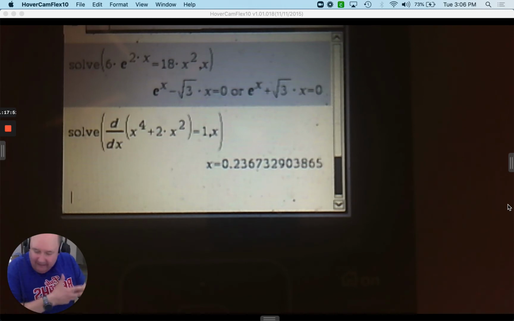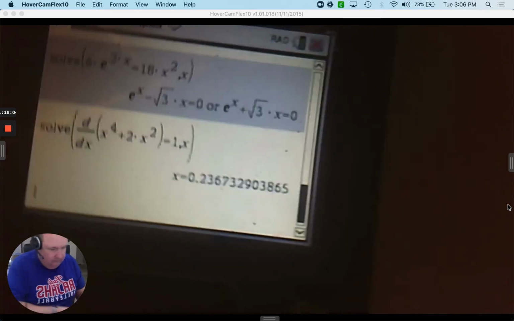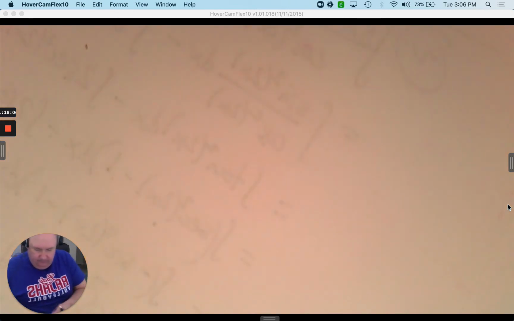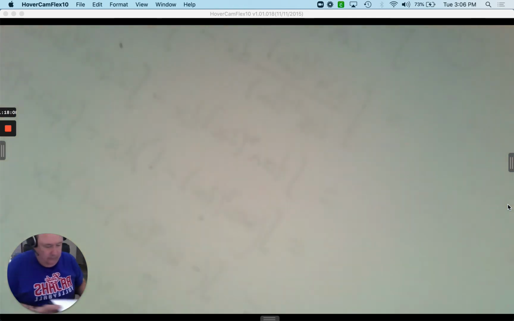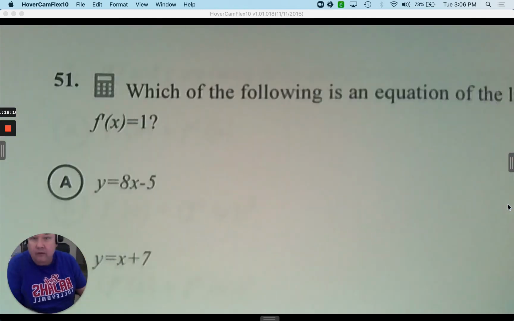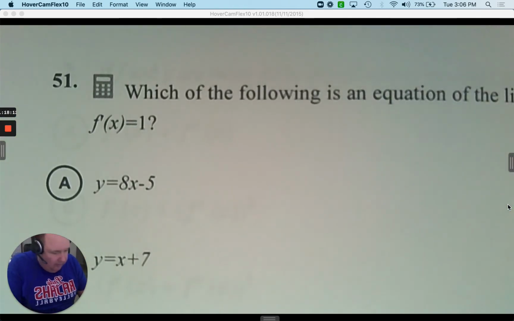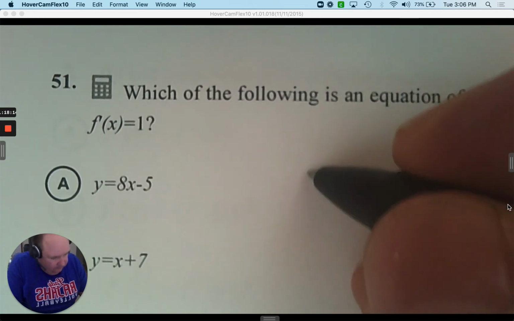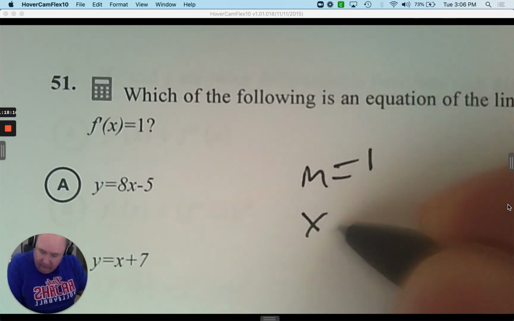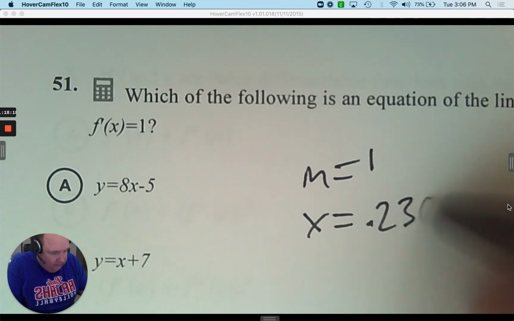So I get the x value to be 0.2367. So the slope is 1. The x value is 0.236.